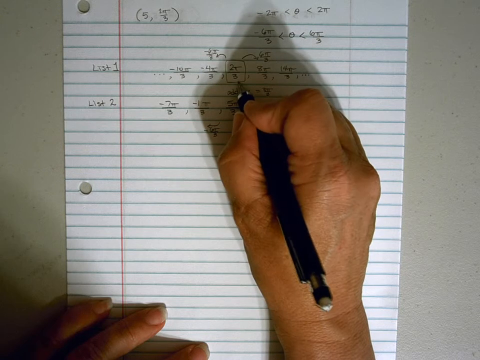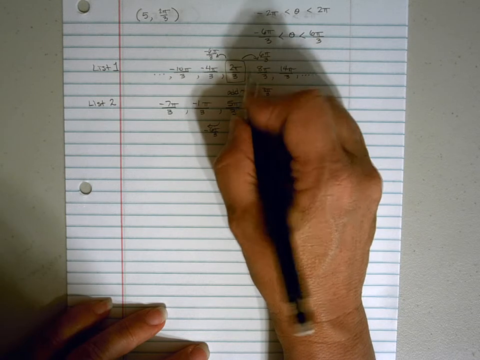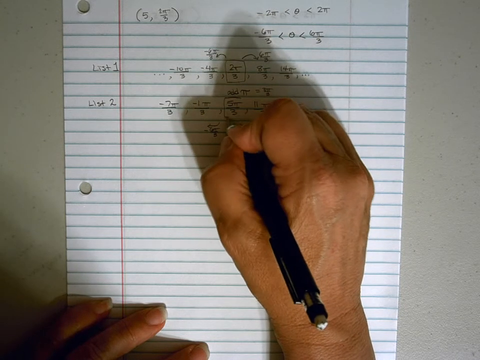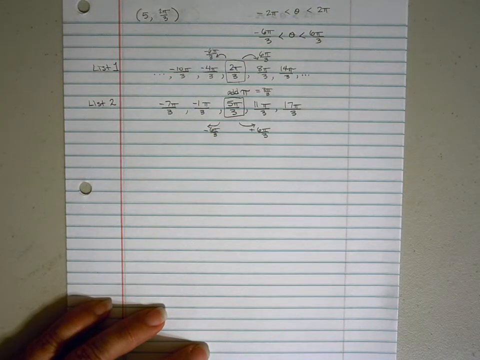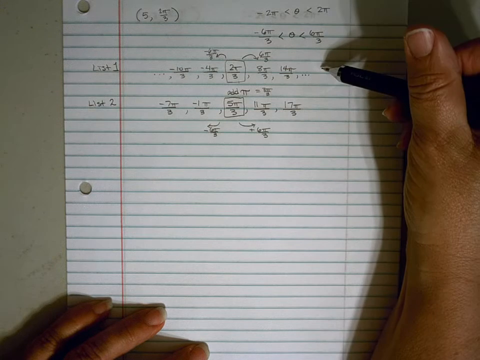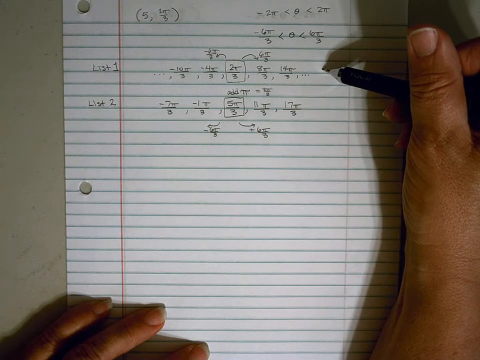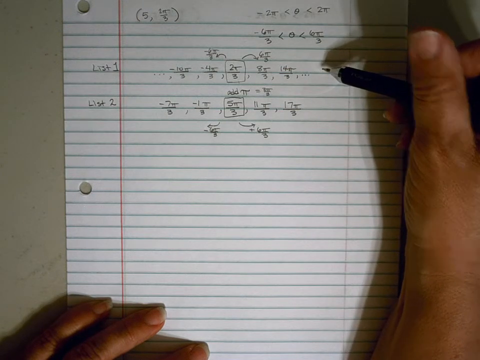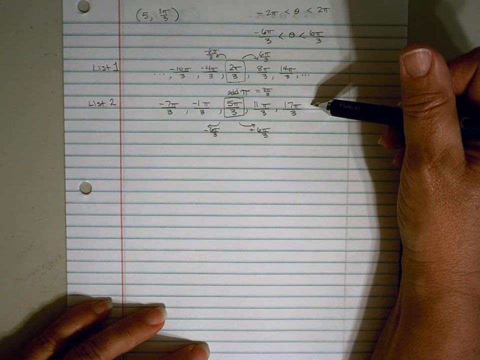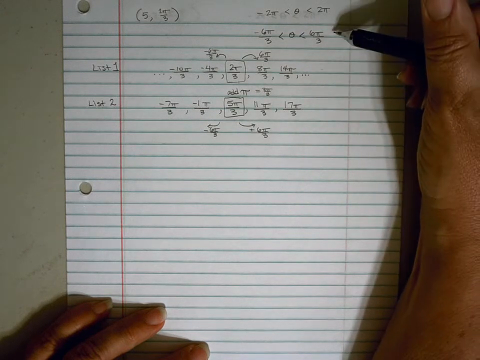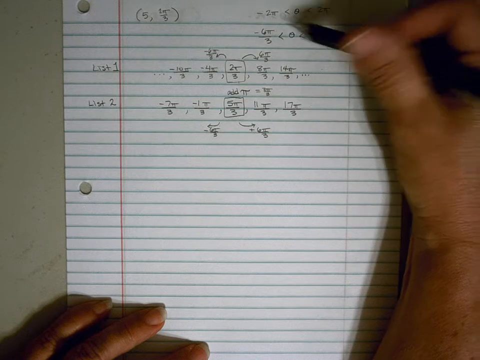So my original angle was 2 pi over 3. The angle going in the opposite direction would be 5 pi over 3. And then I'm going to make a list of coterminal angles and another list of coterminal angles. And then I'm going to go back up here and say, okay, which ones fit within our restriction?